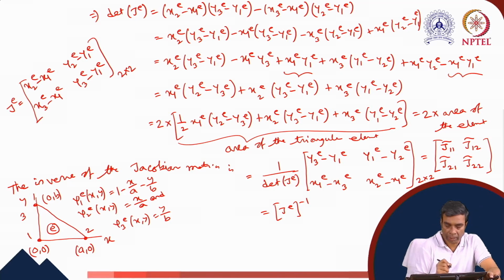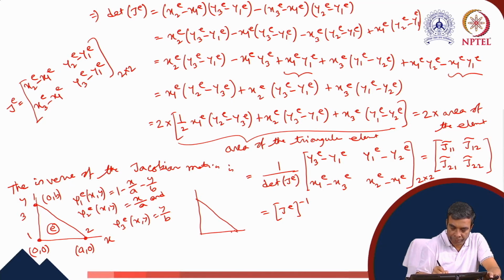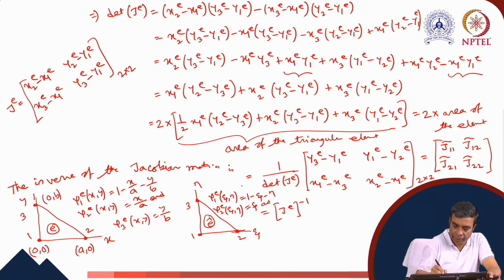Now, when we go for the master triangular element, the isosceles triangle, with coordinates xi, eta, and local nodes 1, 2, 3, this is E cap, the master plane. Here we have psi 1 E xi eta equals 1 minus xi minus eta, psi 2 E xi eta equals xi, and psi 3 E xi eta equals eta.